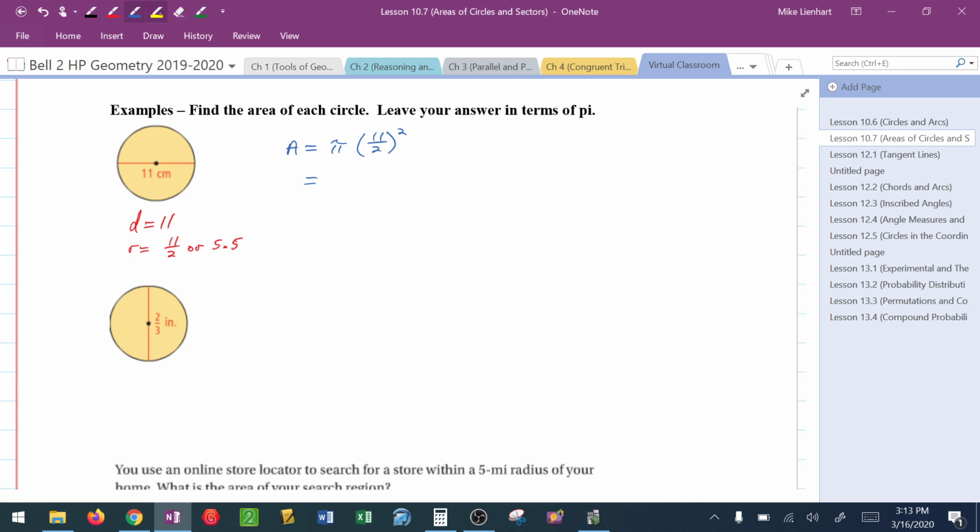They want me to leave my answer in terms of pi, so I'm going to leave the pi alone. I just have to figure out what 11/2 squared is. That would be 121/4 pi, and then take my units, and because it's area, I'm going to have units squared. So the area of this circle is 121/4 pi centimeters squared.